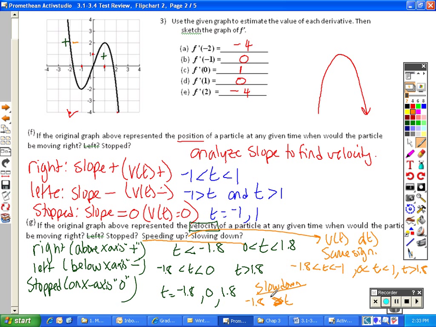We have, this is negative in terms of velocity, but positive in terms of acceleration, so negative 1 to 0. And then finally right here from 1 to 1.8, velocity is positive, acceleration is now negative, so that's from positive 1 to 1.8.